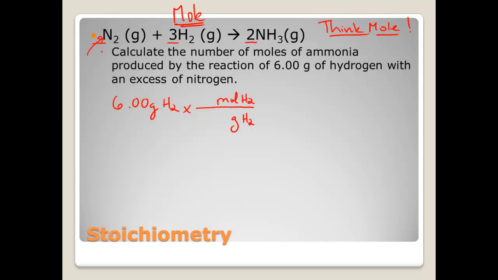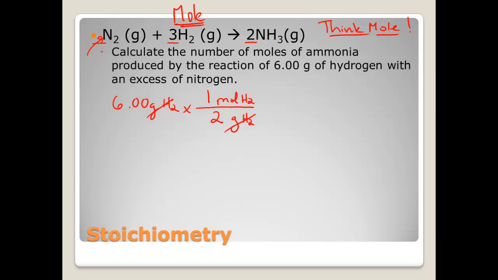So in order to convert grams into moles of a particular compound, where do we need to look? Exactly, the periodic table of elements. We find that the molar mass of hydrogen is 2 grams for every 1 mole. Now, if I do my math, my grams of hydrogen cancel out, and I'm left with moles of hydrogen.